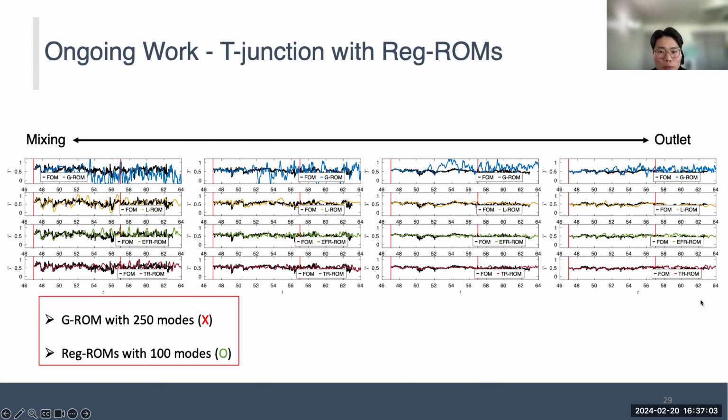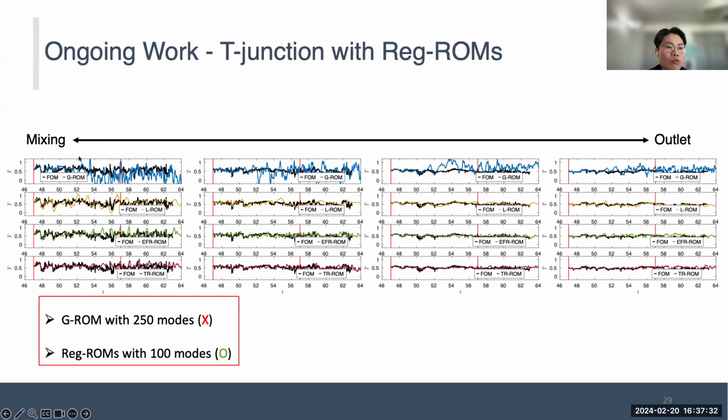So we built the Galerkin ROM and RegROM using the data denoted by the red vertical line here. And we use the ROM to reproduce and predict the temperature history at several locations, from mixing to outlet.